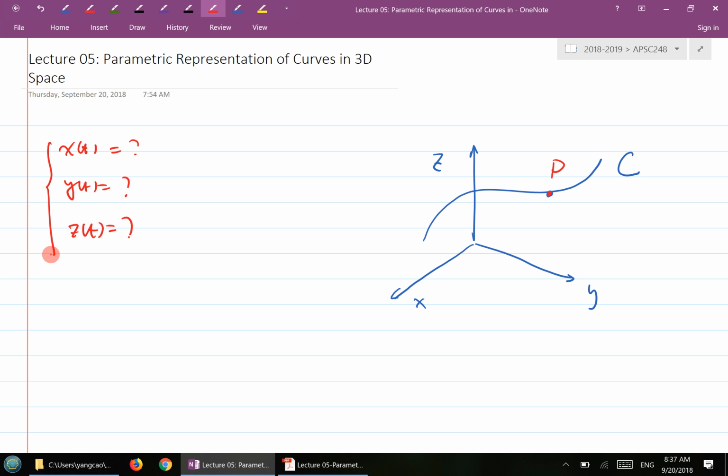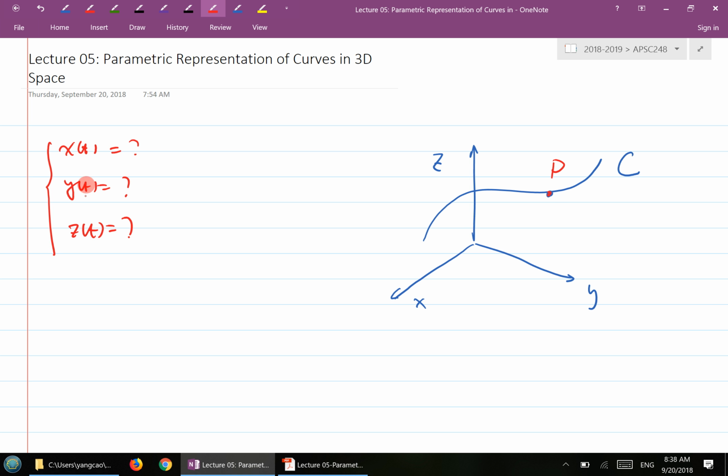The bottom line for a parametric equation is that it just gives you a set of coordinates, and those coordinates represent a point on this curve C or line.